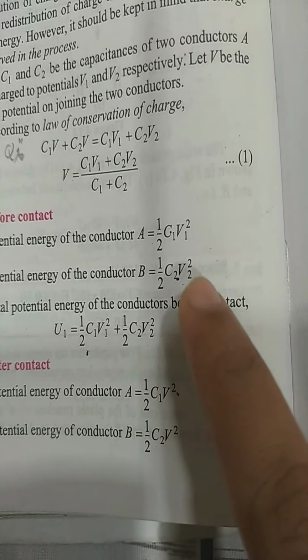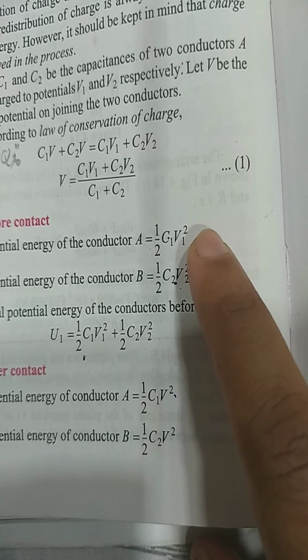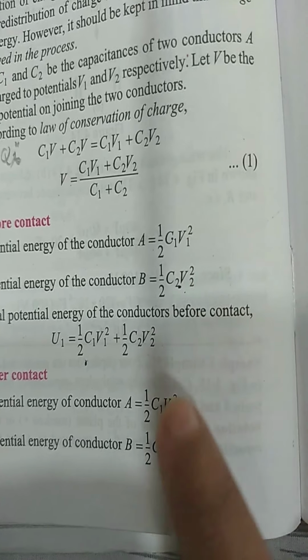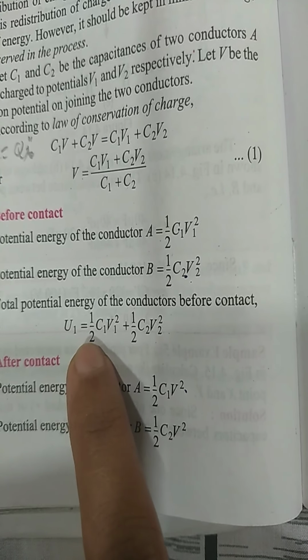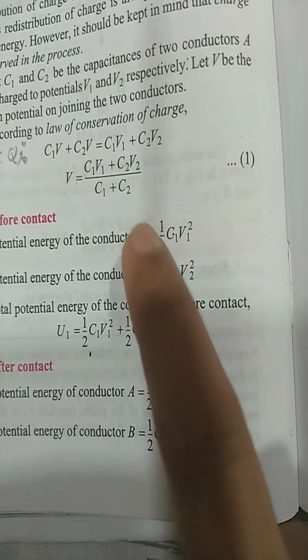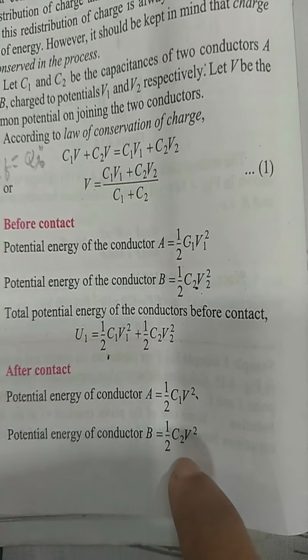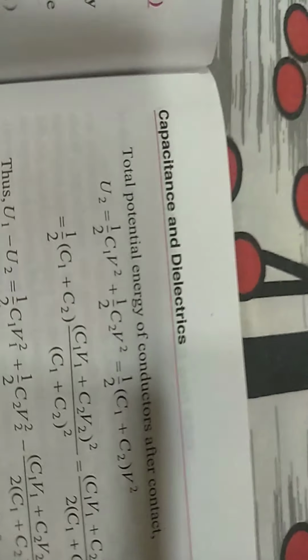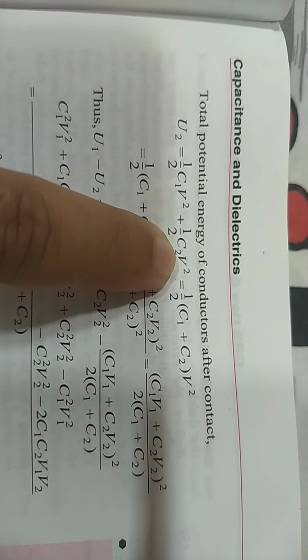Again I repeat, because the energy stored in a capacitor, we have learned, is half CV square. So what will be the total final energy? This was the initial energy, before the contact. Now after contact, the final potential energy will be half C1 V square plus half C2 V square.